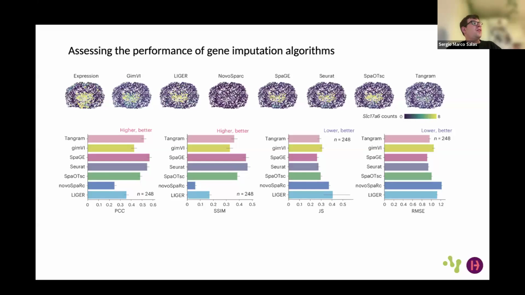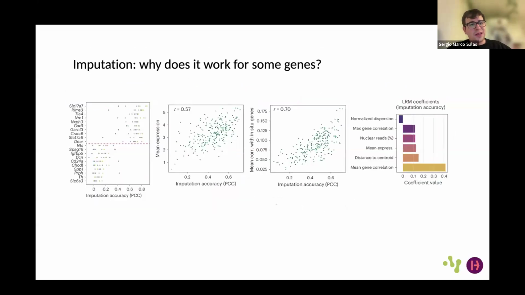But maybe another even more interesting part is that we can assess the performance of the imputation on a per gene basis, meaning that we can assess whether we can impute a certain gene well or not. One thing that we found is that for individual genes, the performance across methods was pretty much consistent.